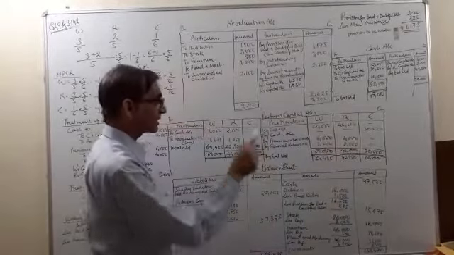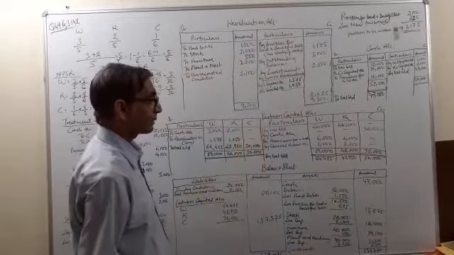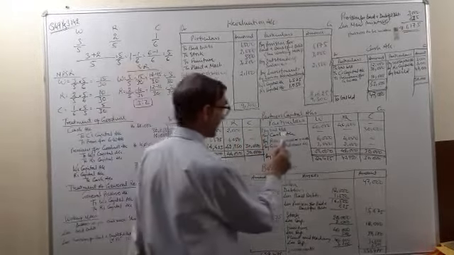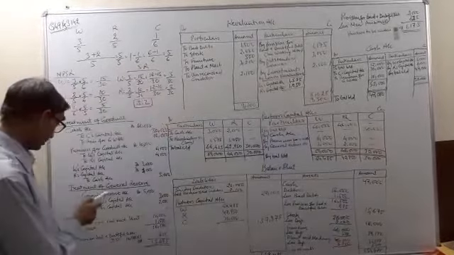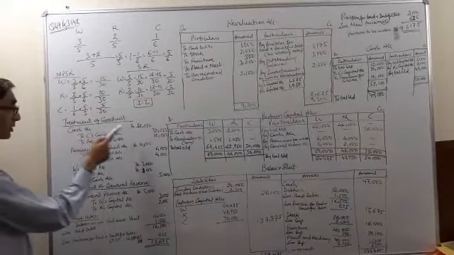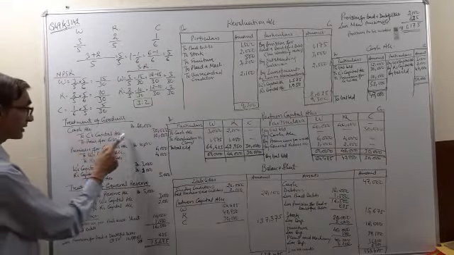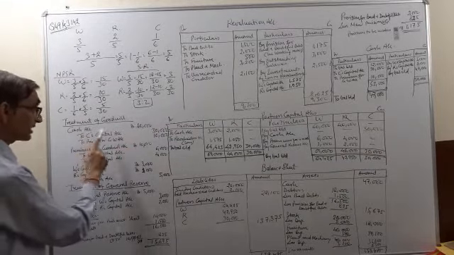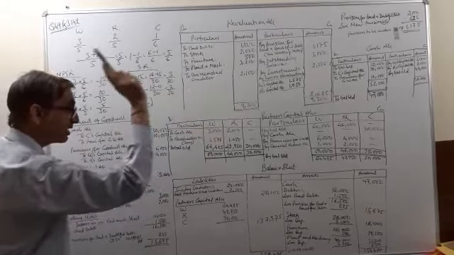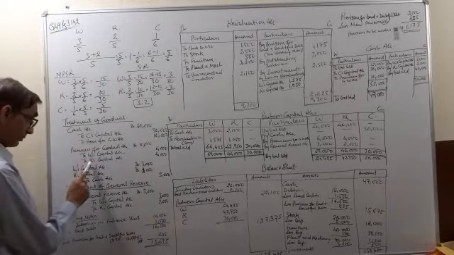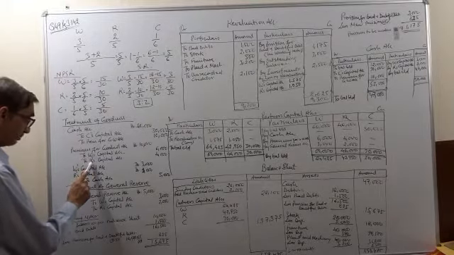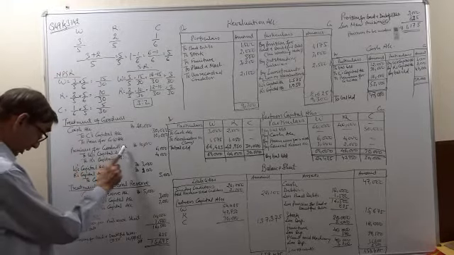The new partner C is bringing his capital in cash, 30,000. See here, cash account has been debited, so in C's capital account, cash account will be credited. Then W and R have been credited for what? Premium for goodwill.